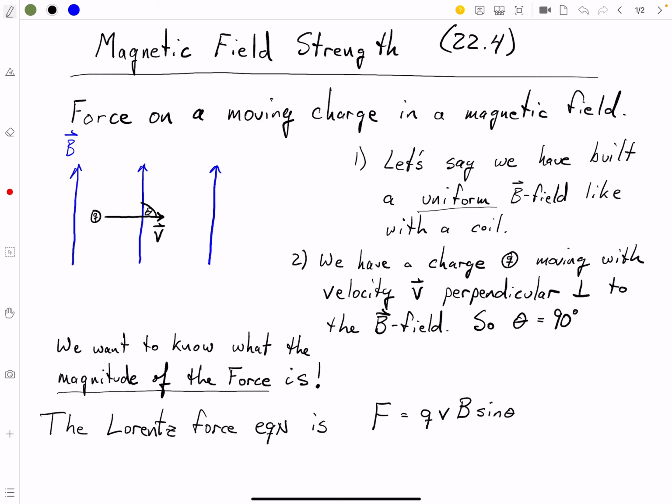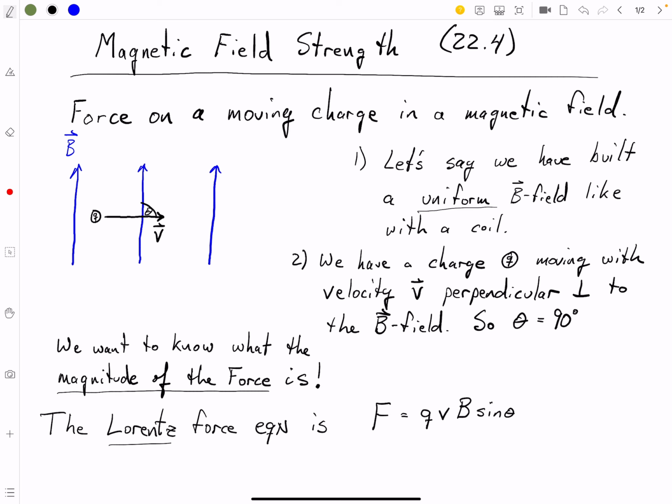So we want to know what the magnitude of this force is. So we've got this equation, the Lorentz force equation. Another person's name, Lorentz. They have given us this equation, and so we're going to use it.